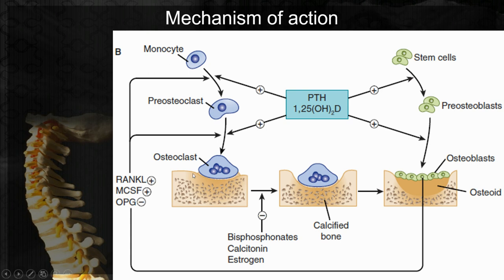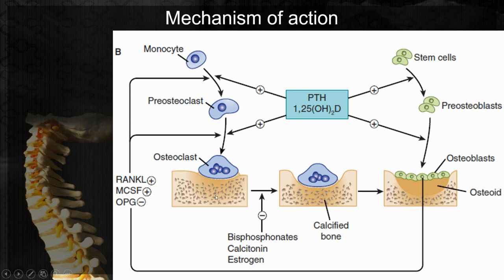In the same way, the differentiation of pre-osteoclast into osteoclast needs RANK ligand as well as monocyte colony stimulating factor, whereas this differentiation is inhibited by osteoprotegerin. So, osteoclast formation needs parathormone, vitamin D, RANK ligand as well as monocyte colony stimulating factor.